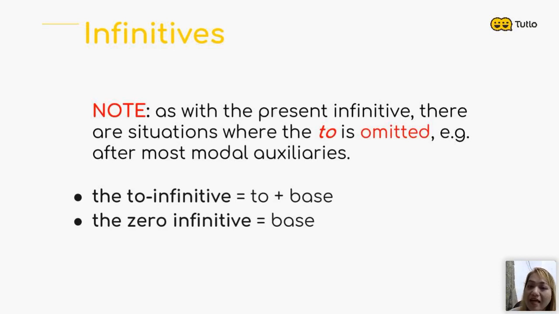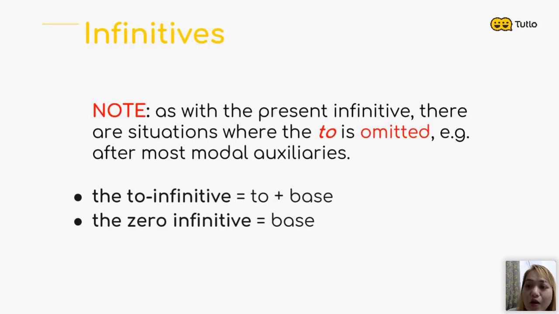For example, to dance, to sing, to write, to paint. Those are infinitives with to. But when we say just infinitives, normally it's in the present form, and that is just the base form. Dance, sing, paint, and write. That is what we call zero infinitives.